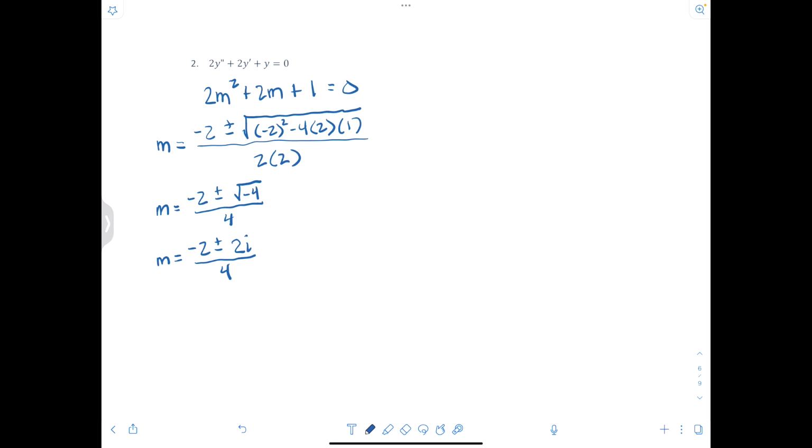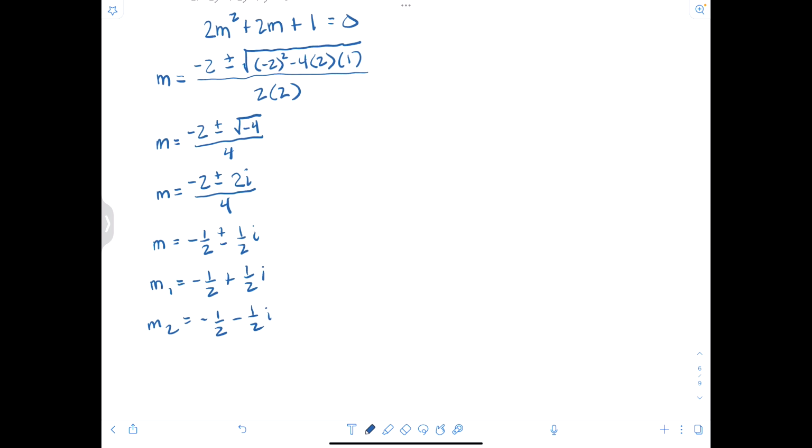Now we can reduce that to be m equals negative 1/2 plus or minus 1/2 times i. So letting m1 equal negative 1/2 plus 1/2 i, and m2 is the conjugate, negative 1/2 minus 1/2 i.